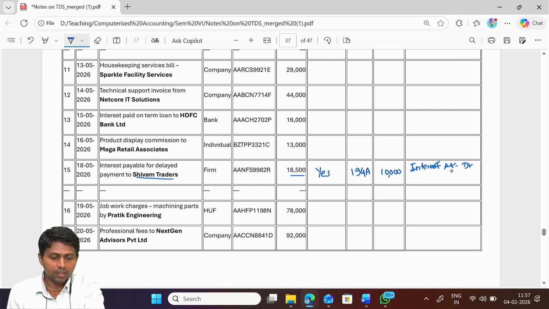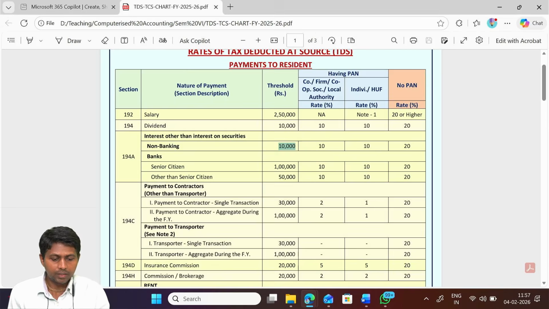If you have both interest income as well as payment, then you can write interest payable. To what? Shyam Trader, to TDS payable. Now, first we will write the interest amount 18,500. Then after that the TDS amount.